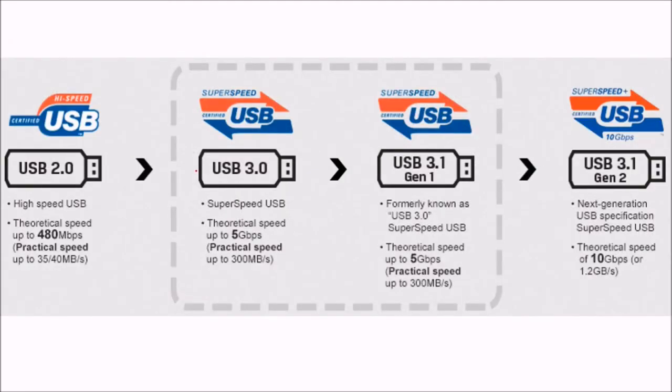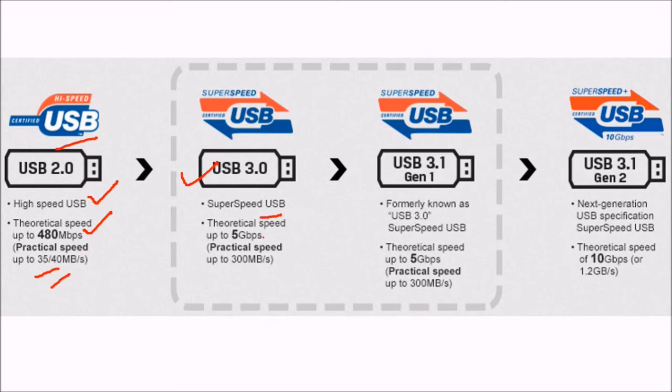Now, the different versions of USB, that is, Universal Serial Bus. As we said, USB 2.0 is high speed USB and the theoretical speed is 480 Mbps. You can get a practical speed of 35 to 40 Mbps. And USB 3.0 was super speed USB.